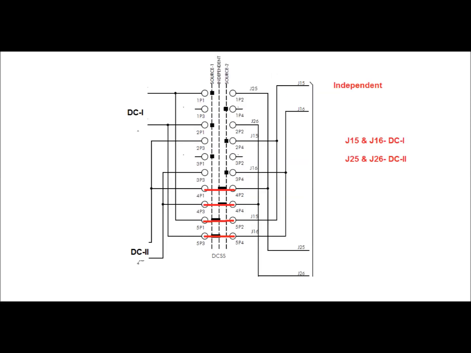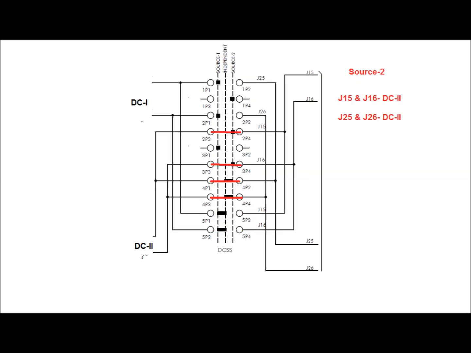When the selector switch is in the independent position, then J15 and J16 will take the source 1 input via 5P1 and 5P2 and 5P3 and 5P4 contacts, and J25 and J26 will take the DC2 input via 4P1 and 4P2 and 4P3 and 4P4 contacts.